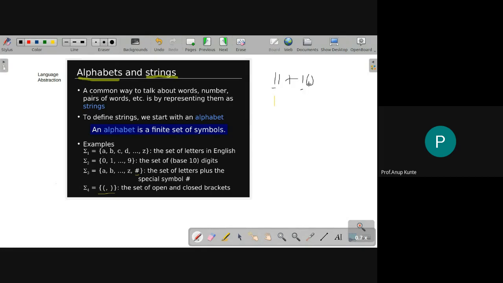So I have a pair of inputs. This 1 1 is the first input, and 1 0 is the second input, and this is going to be considered as one pair of symbol for that particular problem. For my problem, it's not the binary alphabet 0 and 1 which I'm terming as symbols, but I'm terming 1110 as my symbol.